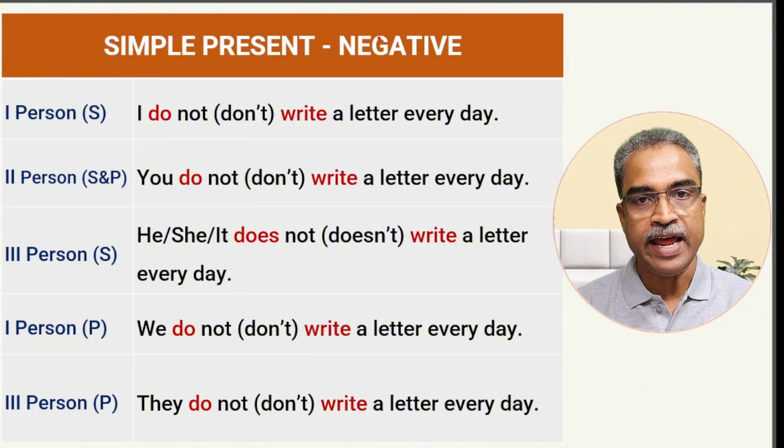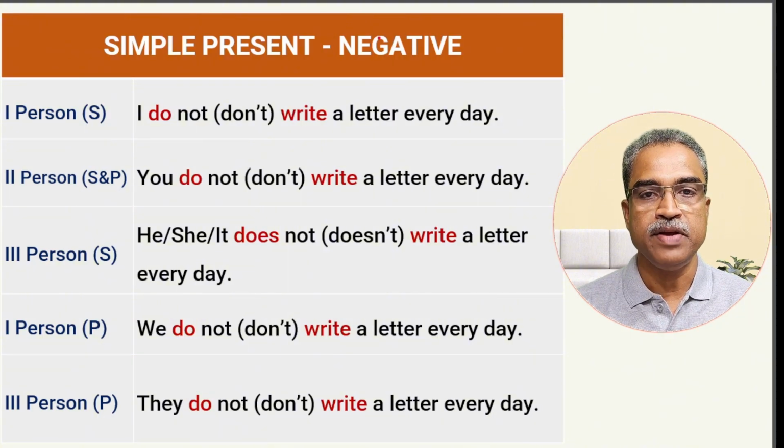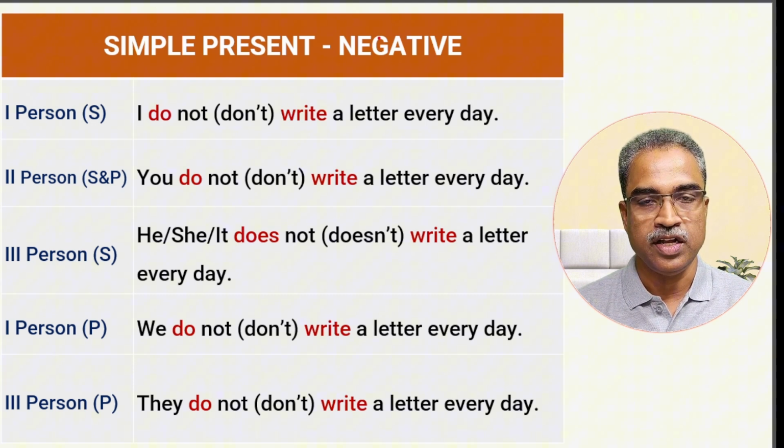When we add an S to do, it becomes D-O-E-S. So that is does. So he, she, it. He does not. Now does not, the contracted form is doesn't. He doesn't. Now you see the difficulty here where people make lots of mistakes.